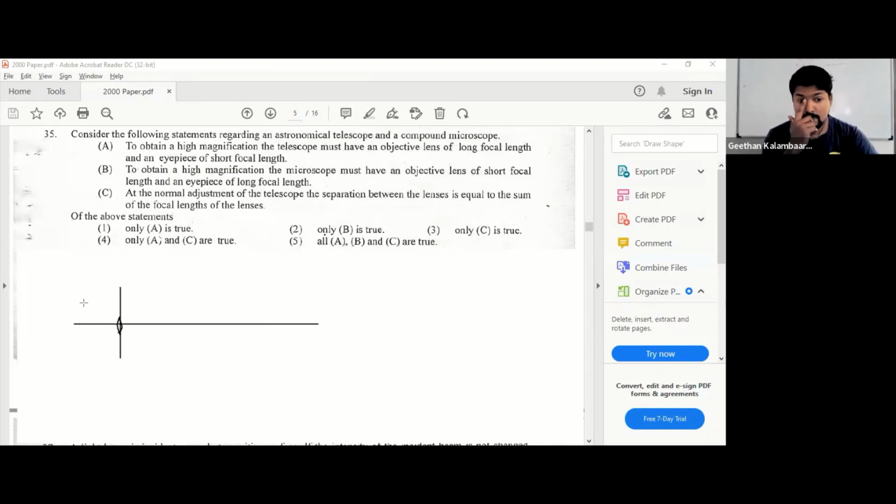So in the telescope, in normal adjustment, the rays come parallel to each other, not parallel to the main axis. They come parallel to each other. So the diagram will be continued like this, and the final image also will be produced at infinity. So you can extend the rays which come from the object itself.